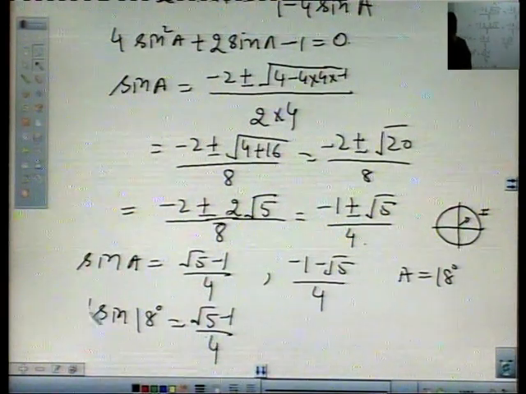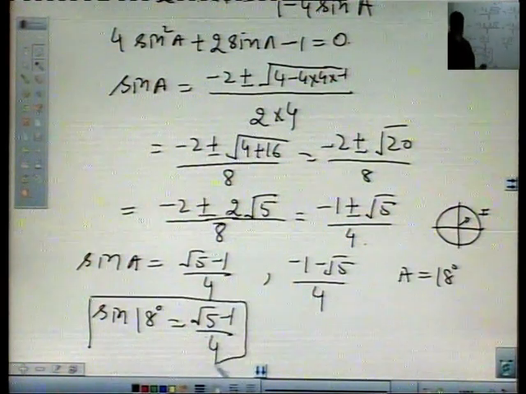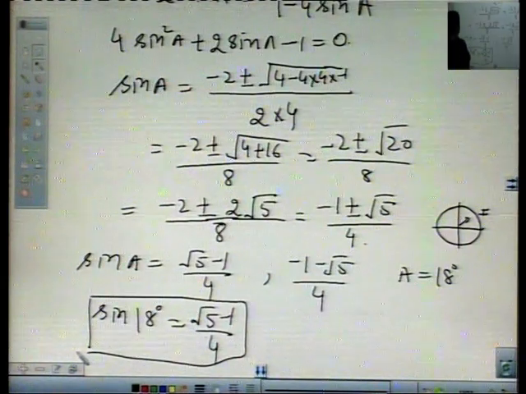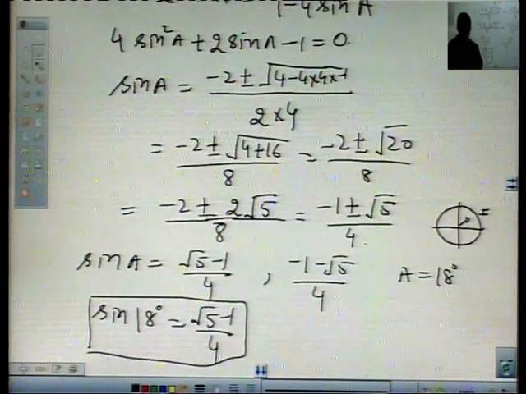Hence the value of sin 18 is root 5 minus 1 upon 4.